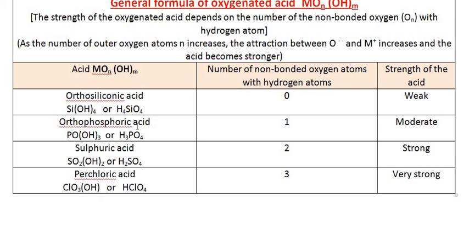Orthophosphoric acid, H3PO4. Three hydrogen atoms are linked with three oxygen atoms in this way, but there is an atom of oxygen which is not linked to hydrogen. So this acid is stronger than this one. It is moderate, stronger than the weak. Sulfuric acid, H2SO4.